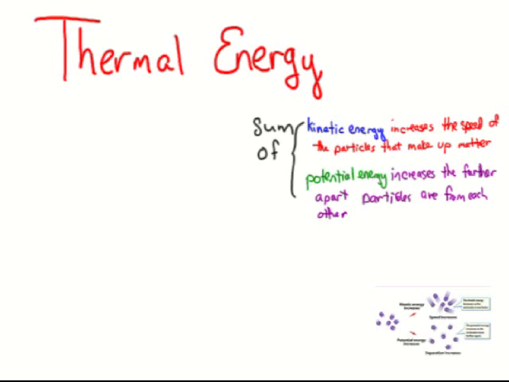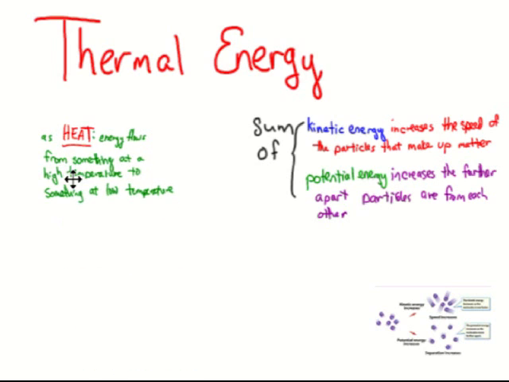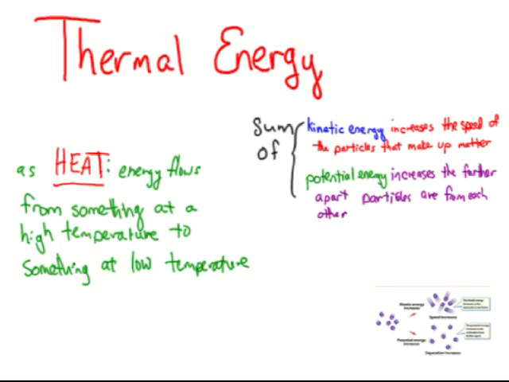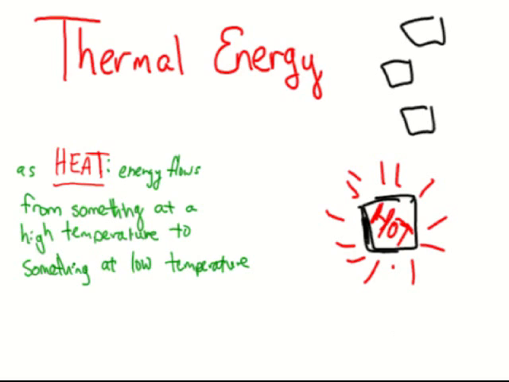Now, a special feature of objects is that they have the ability to gain heat. One thing about thermal energy is that we know heat energy flows from something that is at a high temperature to something that is at a low temperature. If we have one object that's hot and objects nearby that are cooler, the heat will be transferred from the object that is hot to the ones that are cooler.